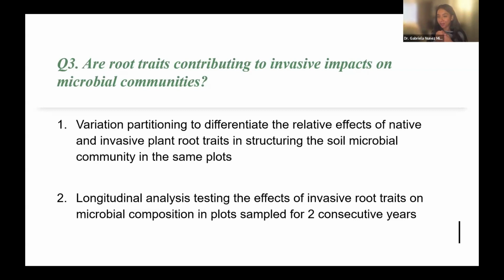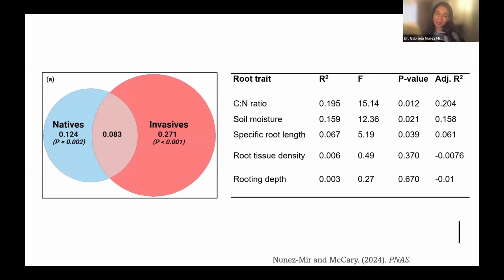So for some of them, we had plots that were sampled in year 1 and year 2. And we used that difference from 1 year to the next to see, okay, if this plot changed its microbial composition from 1 year to the next, and it also changed its invasive plant cover from 1 year to the next, can those changes in the roots from those invasive plants explain that change in microbial community?